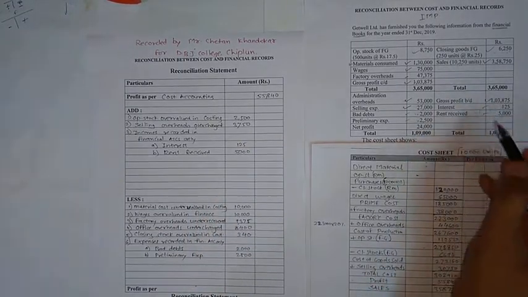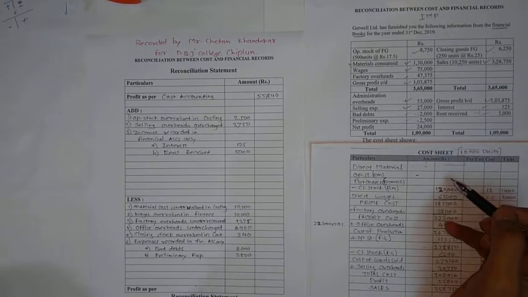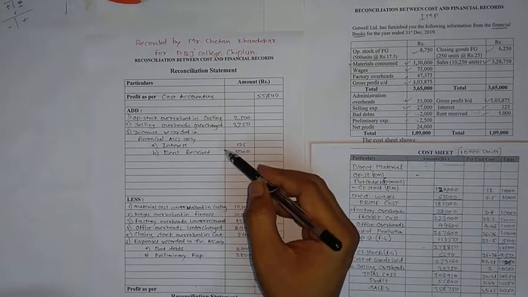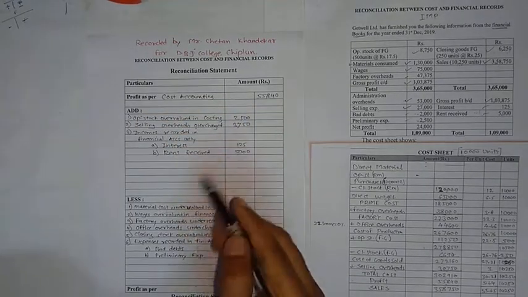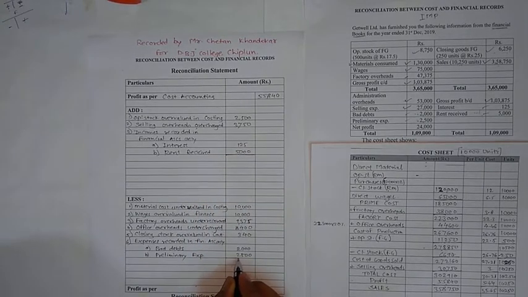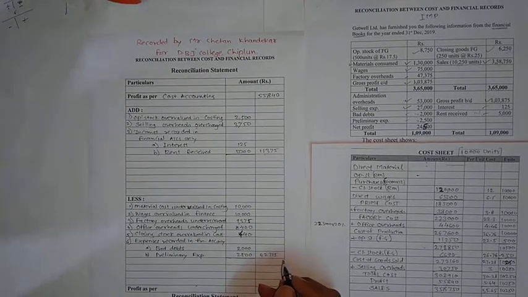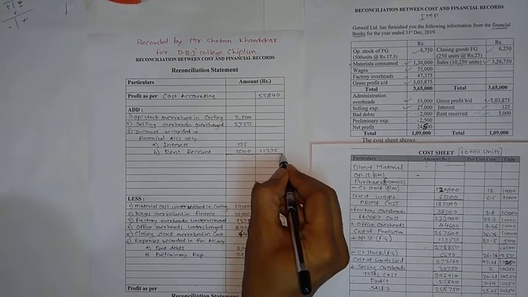So here all items from financial and costing records are verified, and the difference amount is shown in cost sheet, in reconciliation, either add or less. Now we will take total of all add items and all less items, and then we will find out final profit as per financial records. So total of add items is 11,375.